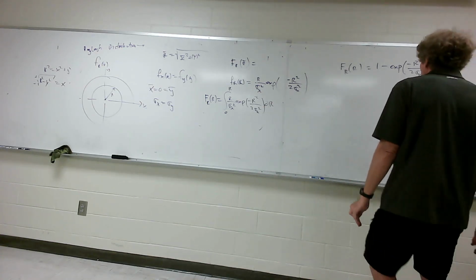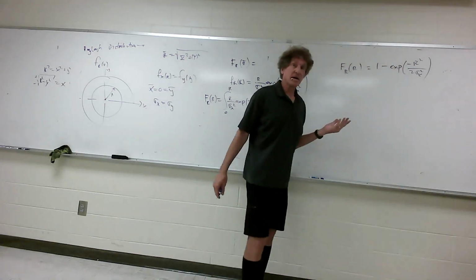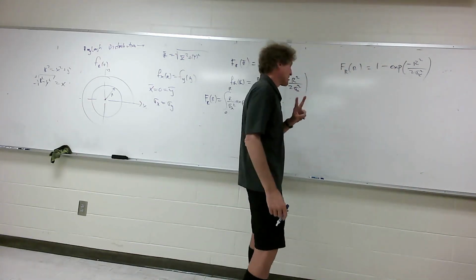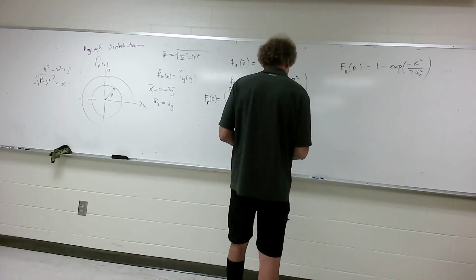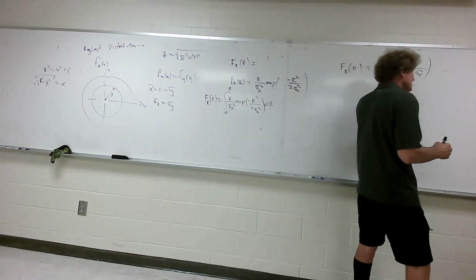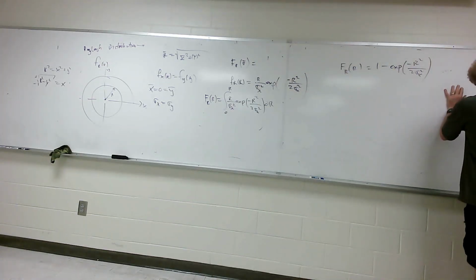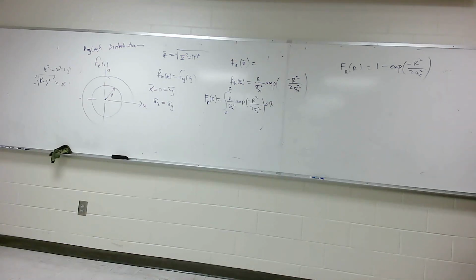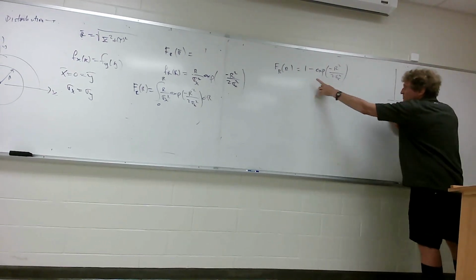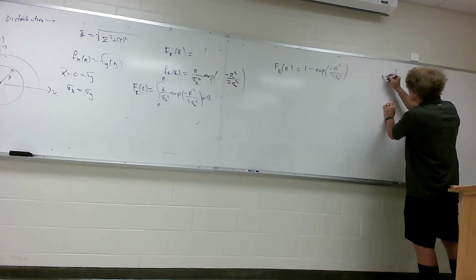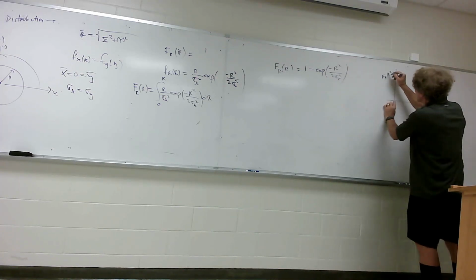Now, if you look at this for a second, there's 3 things I'm going to tell you. When you look at this function, you can see what happens is this. If this is r, this thing starts at a value of 0. This is going to be the cumulative distribution versus r.